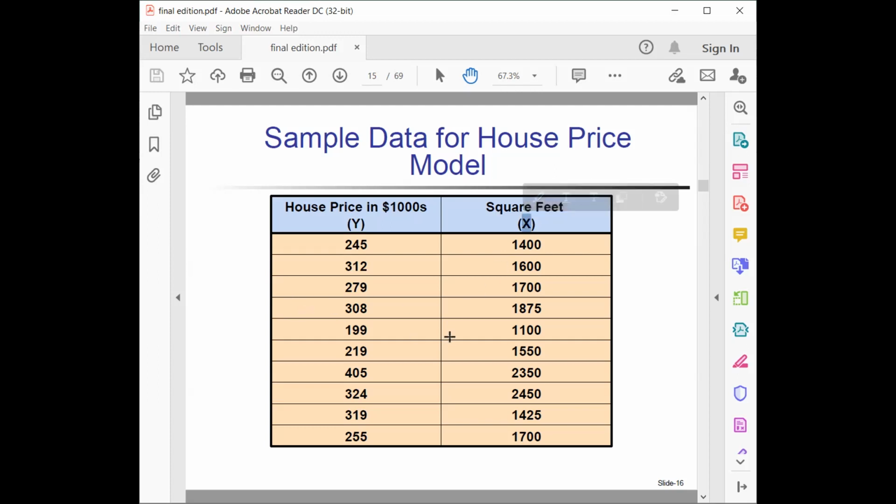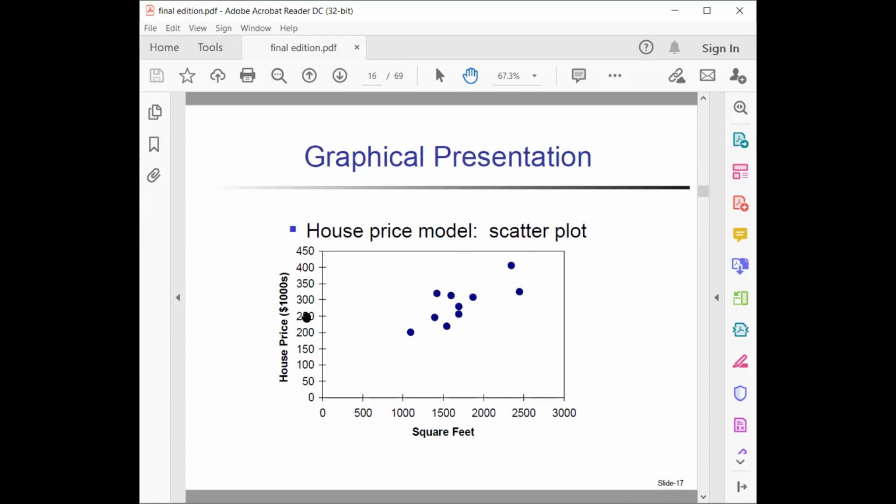First we want to plot the data, something like this, two-dimensional data. In this case, the y-axis is the house price and the x-axis is the size of the house. You can see the data is spread in this area. I think you have no problem with showing this data.